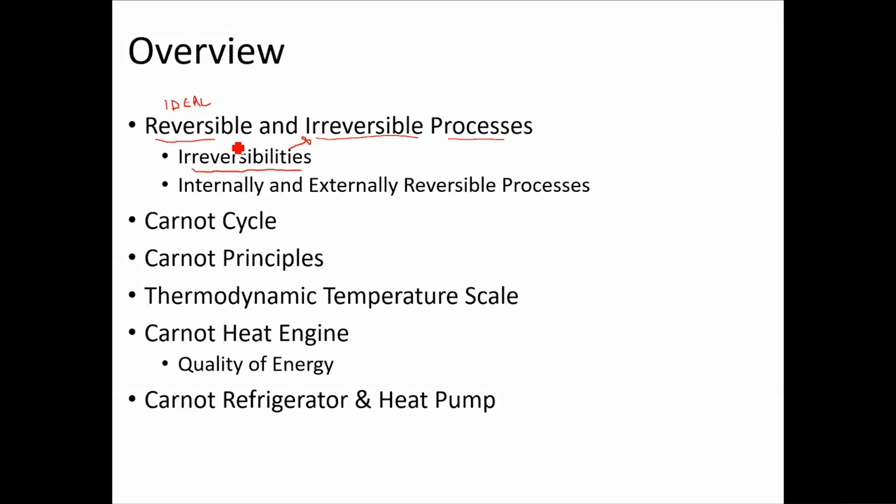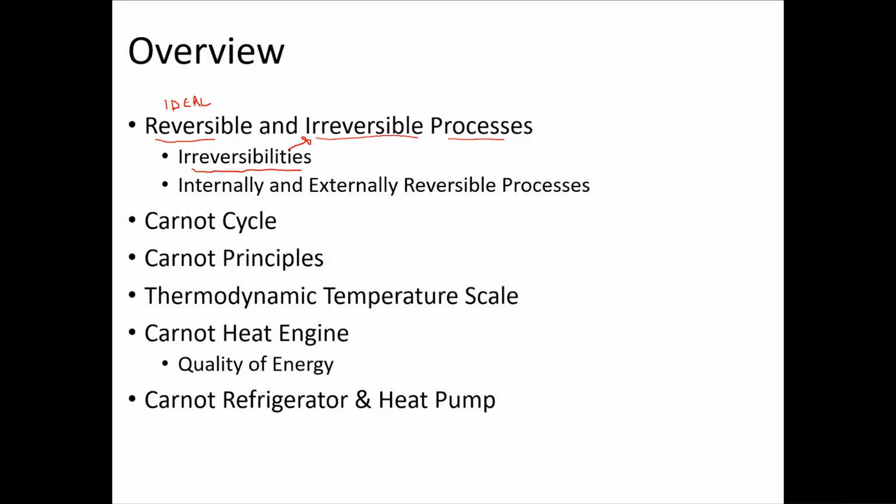So the ideal process basically provides the benchmark for us, showing the maximum we can achieve out of a process. If we are talking about a heat engine operating on reversible processes, that means it is giving you the maximum efficiency.